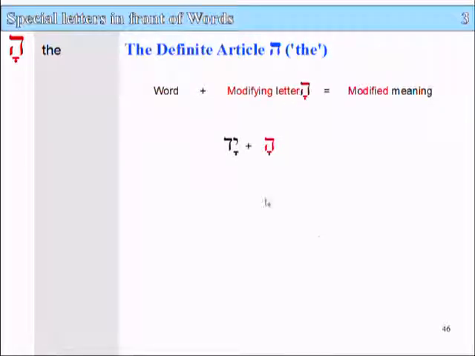For example, we take the word yad, which means hand, yud, kametz, dalet, and we add the Hey, and we get ha-yad, the hand. Let's have a look at another one.